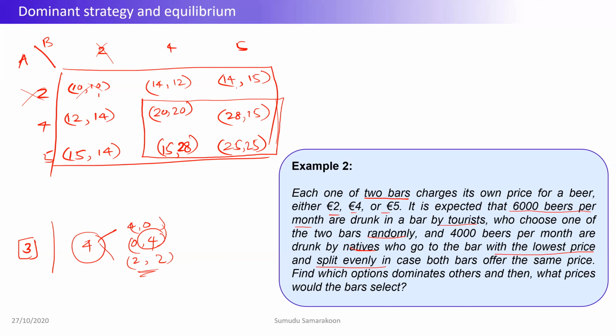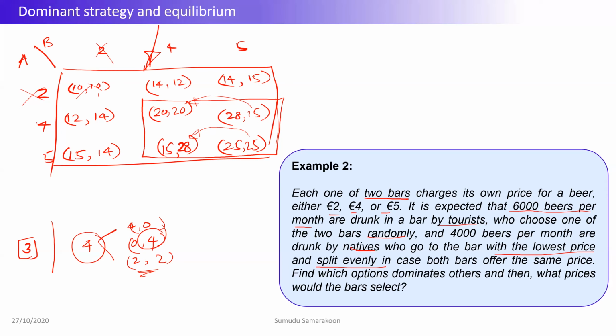Because now I think we need to consider it a different way. 20 is always better than 15, and 20 is always better than 25. So basically B finds it is better to stick here, because whatever the choice of A, I'm going to benefit compared to moving to 5.